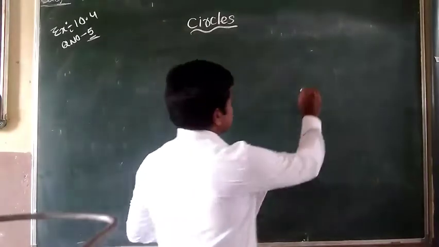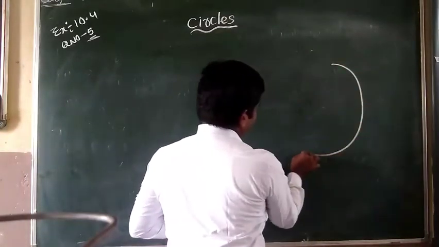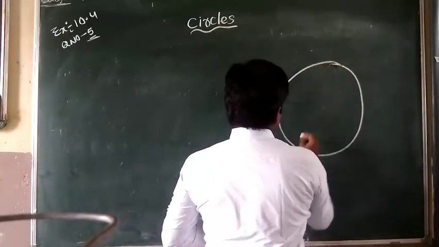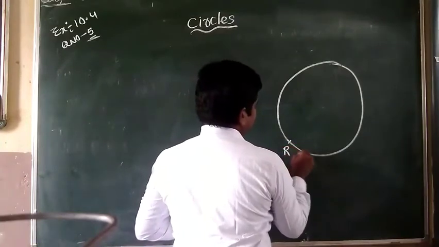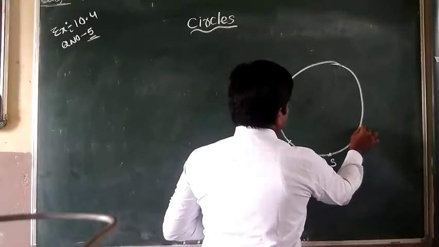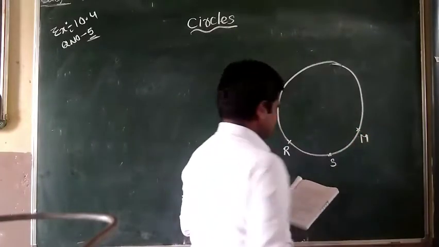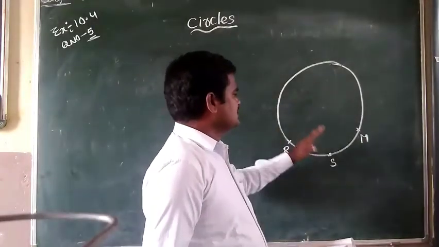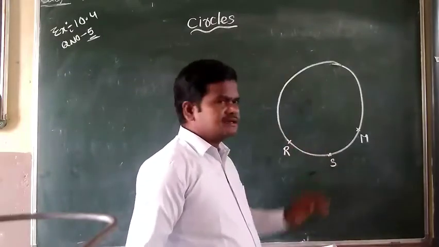So here this is the circle. This is the position of Reshma, this is the position of Salma, and this is the position of Manideep. Three girls are standing on the circle.